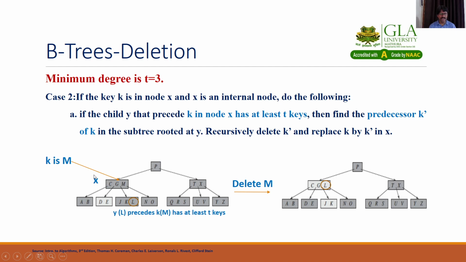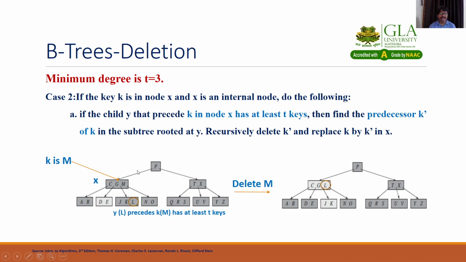It is not a leaf node. The internal node will always have left children as well as right children, so you have to fill the place of the key existing in the internal node. So you have to check the left child of m.